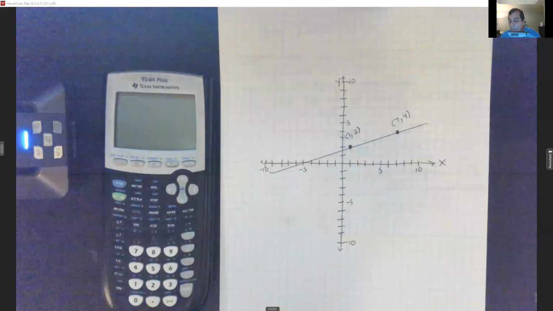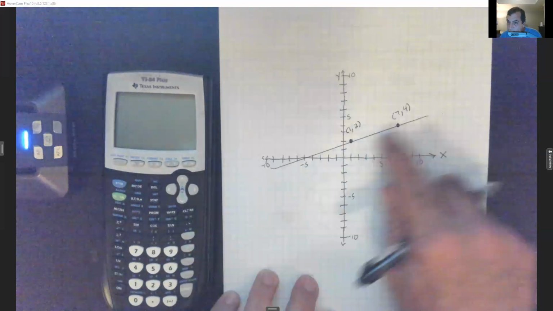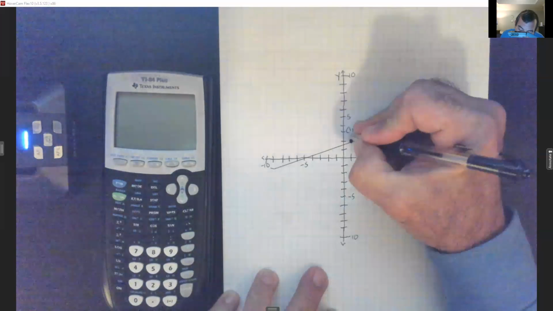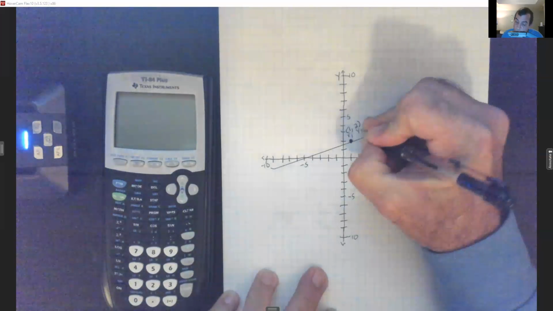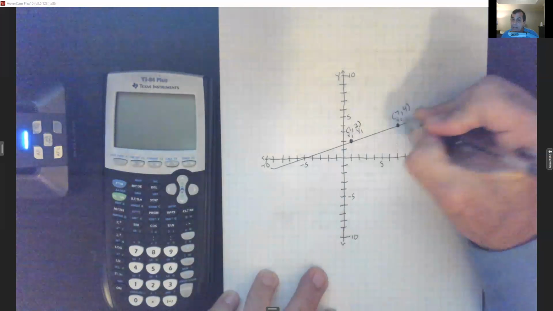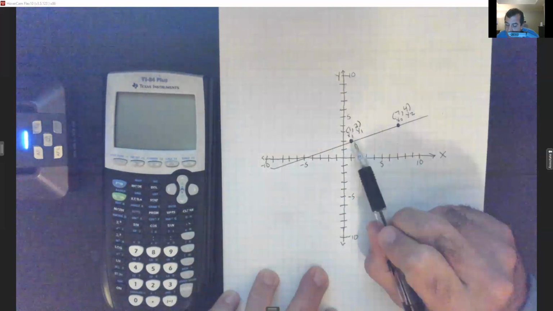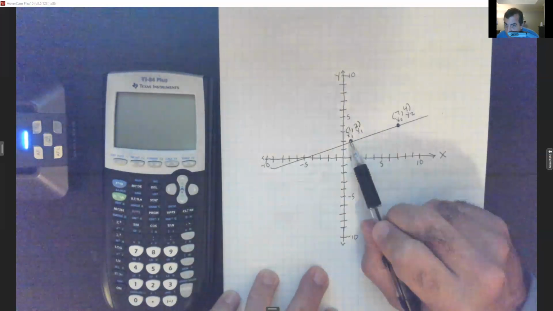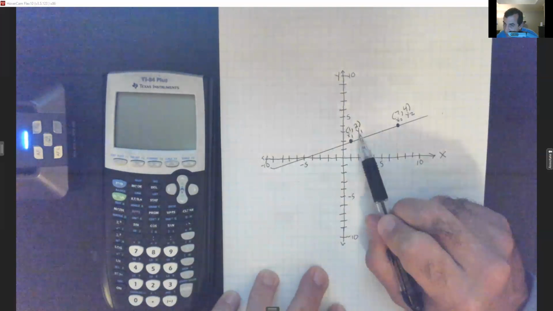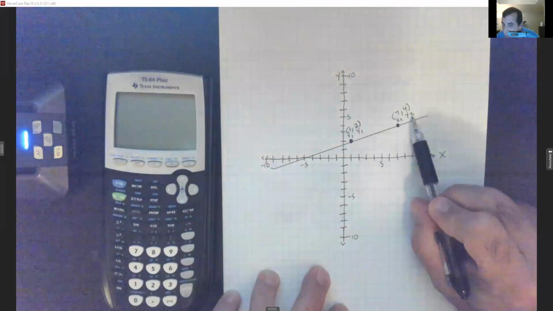Okay, so what I'm wanting to do is to find the slope of this line using these 2 points. So this will be x1 and y1 because they're my first x and y. This point will be my x2 and my y2. So independent variable 1, dependent variable 1. Independent variable 2, dependent variable 2.